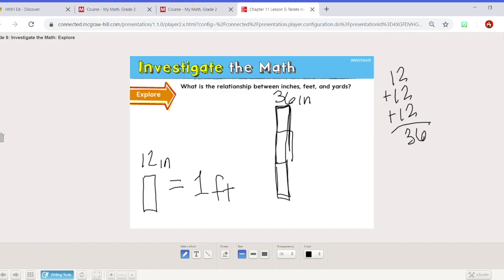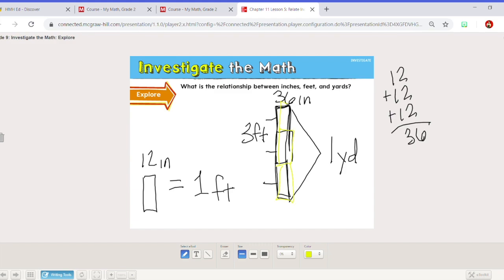So a yardstick is 36 inches, or because each ruler is a foot, 3 feet in length, where all of it together is also 1 yardstick. YD stands for yard. There were a lot of different connections. If you have the cutout rulers that I attached in the other lesson, you would probably see that you taped 3 rulers together.